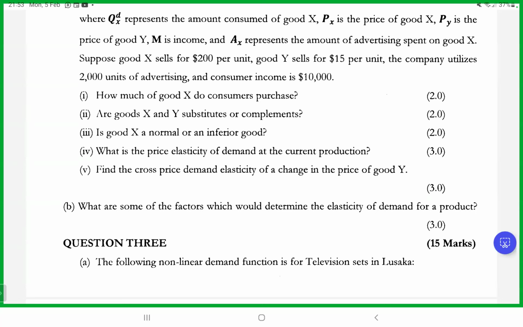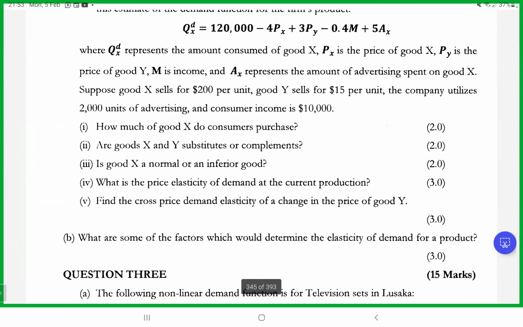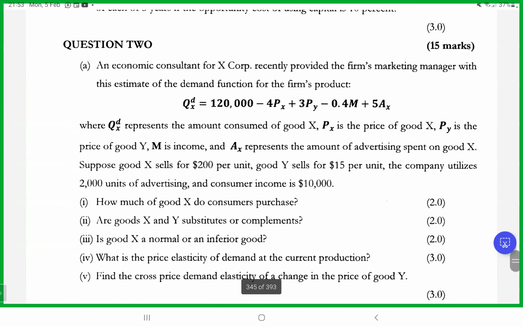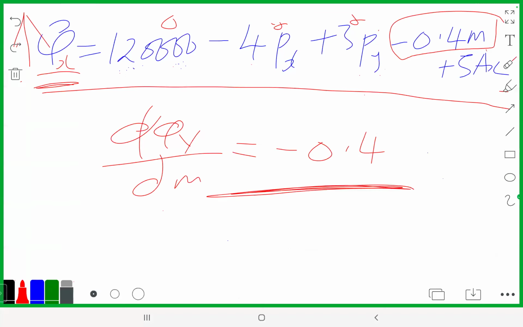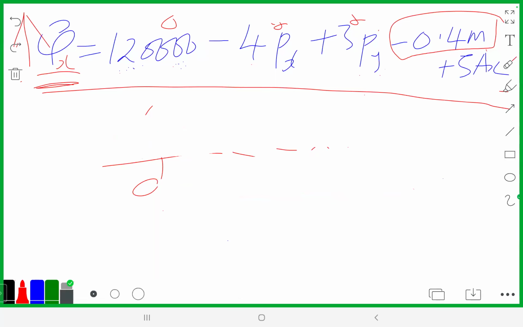This is powerful. These are the questions that we expect to meet all the time. How can we go about finding the price elasticity of demand? Do you remember how to find it?